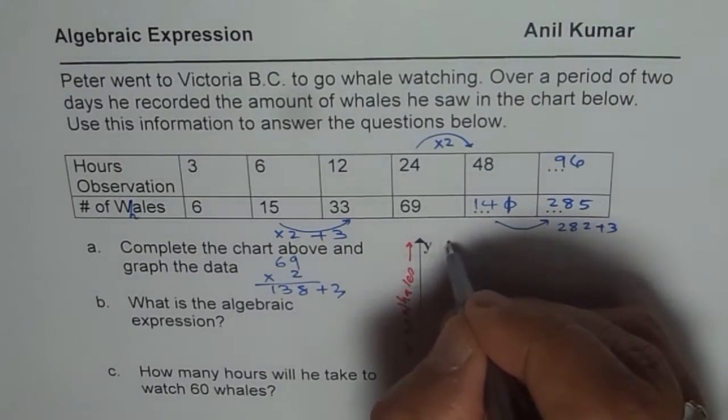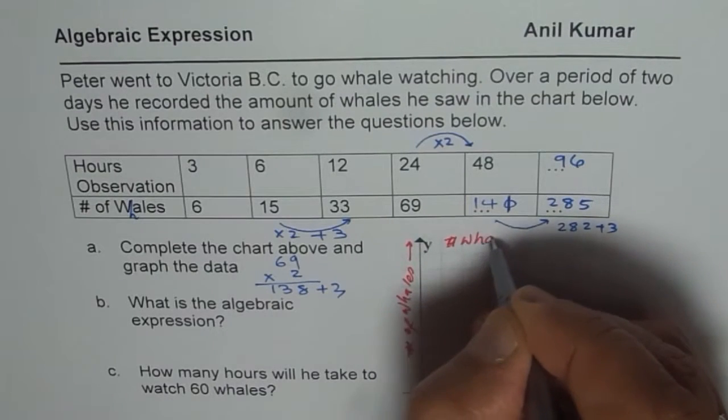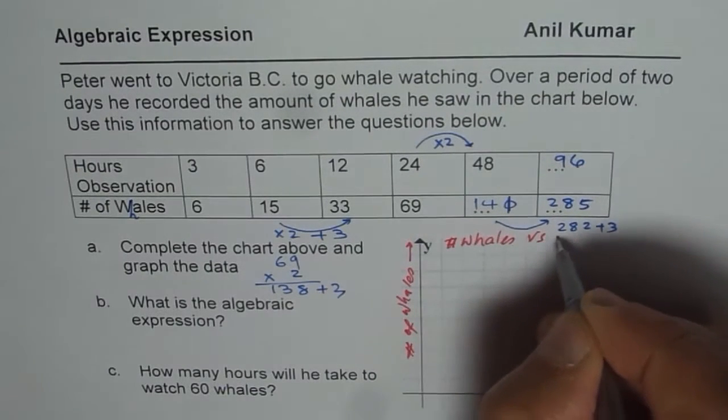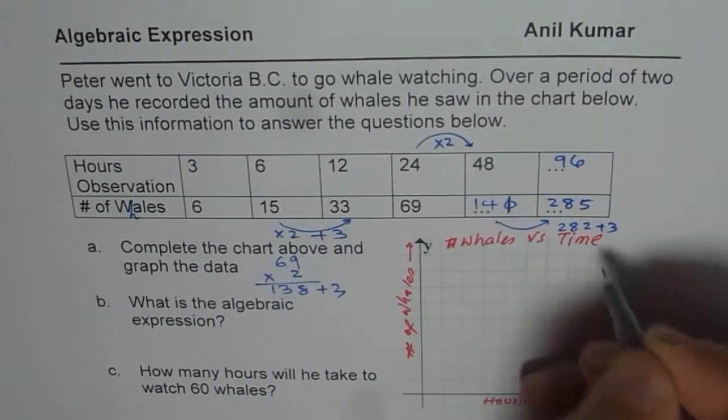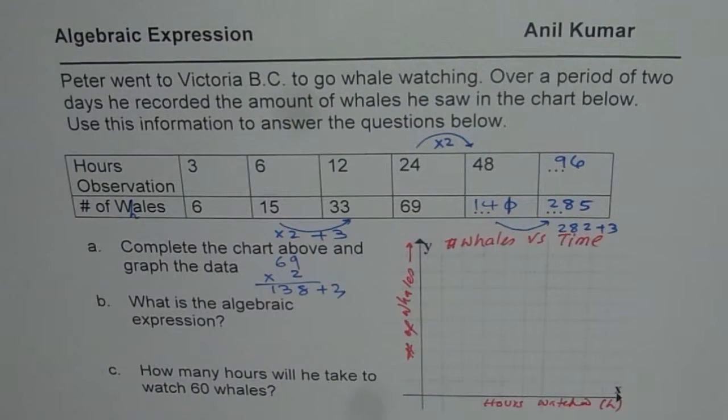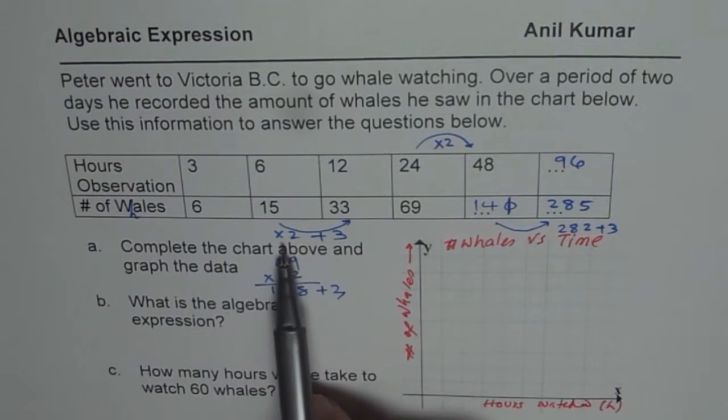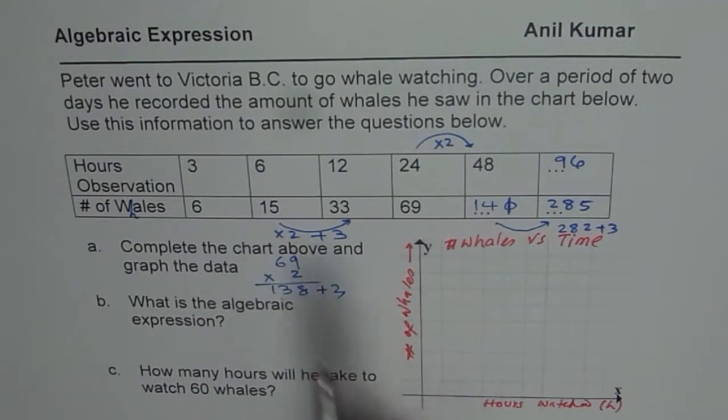So the more you watch, the more whales you see. However, we still need to find how they are related, so that is the next part: what is the algebraic expression?